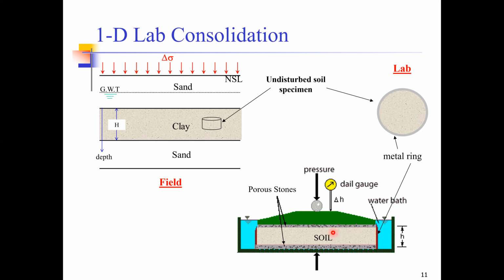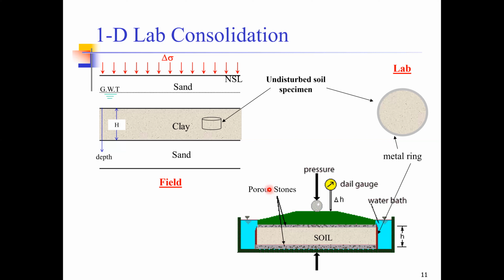So in a nutshell, we have reproduced the whole field conditions on a very small scale in the laboratory. And this is what we actually want to do with any experiment in the laboratory: we want to scale down the whole field conditions onto a smaller scale so that we can control the conditions better and observe the related phenomena.